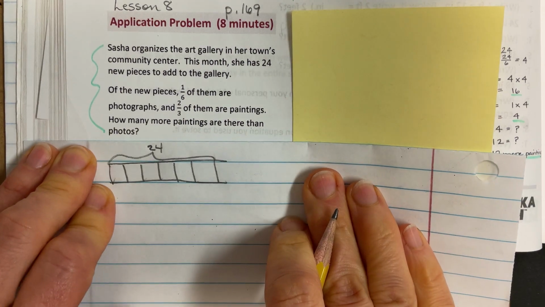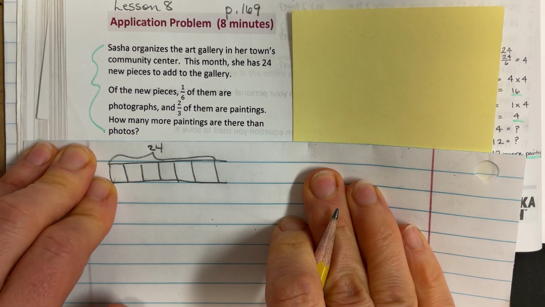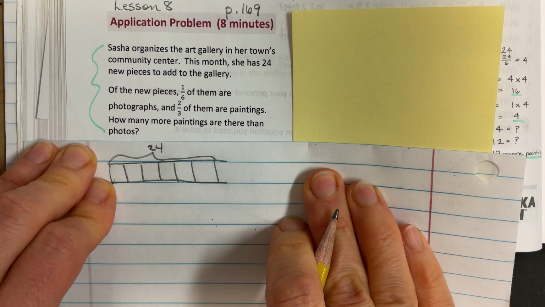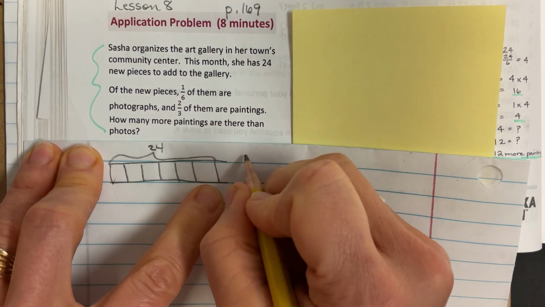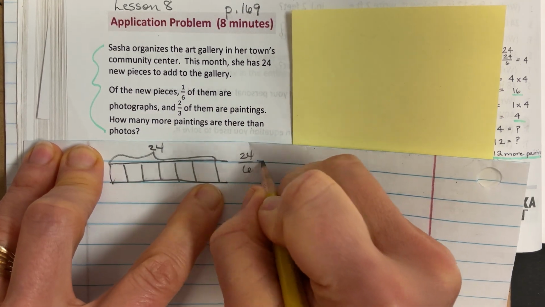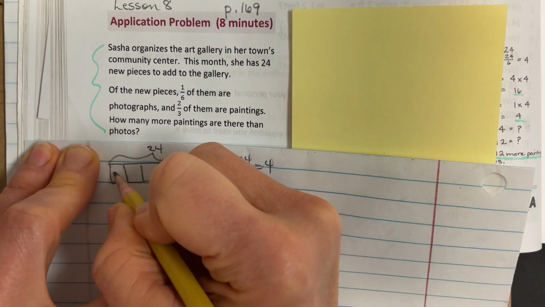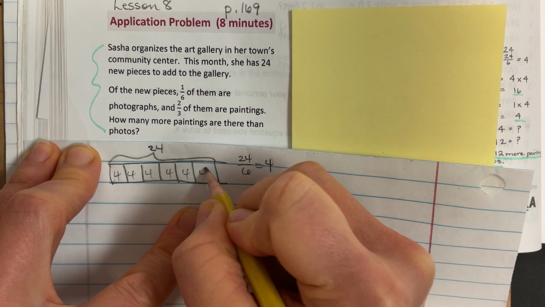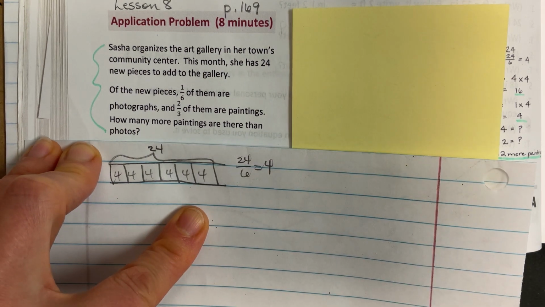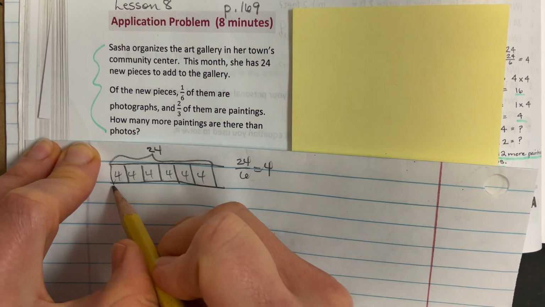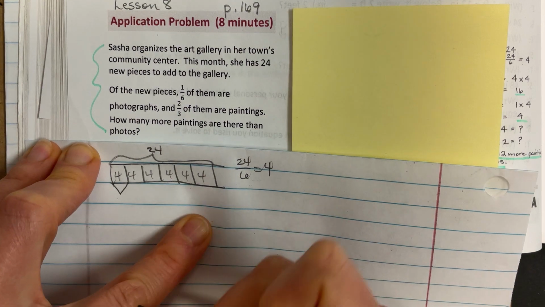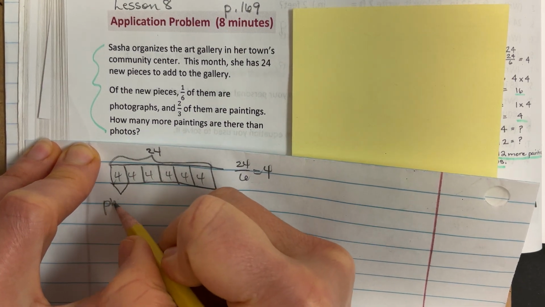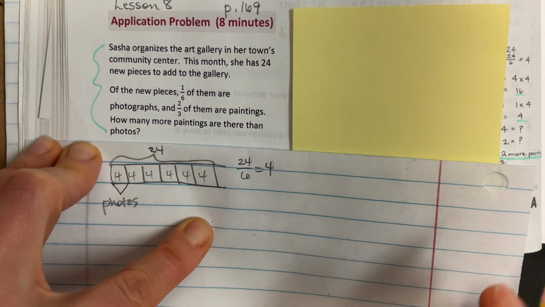Now, if we decide what goes in each box, 24 divided by 6 boxes would be a 4 in each box. Okay, so if 1/6 of them are photos, that would mean 1 box. So we can see 4 of them are photos.